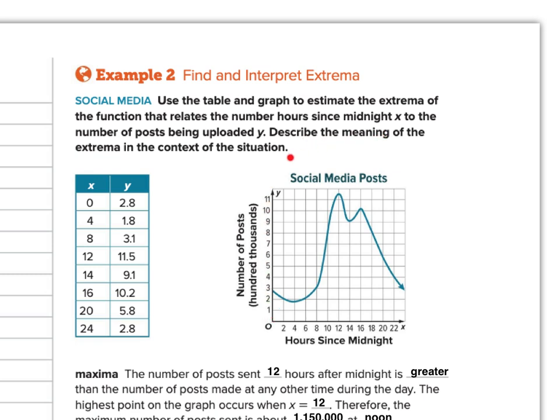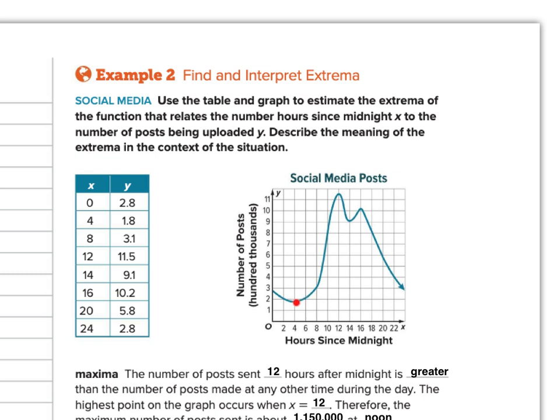Describe the meaning of the extrema in the context of the situation. Well, this is midnight, and it looks like as we travel to 2 a.m., to 4 a.m., to 6 a.m., the posts decrease from midnight. Maybe people are going to sleep, and then we start to see an increase.